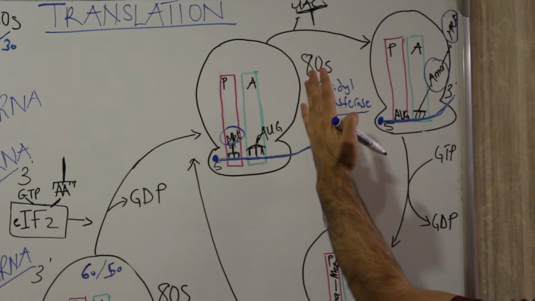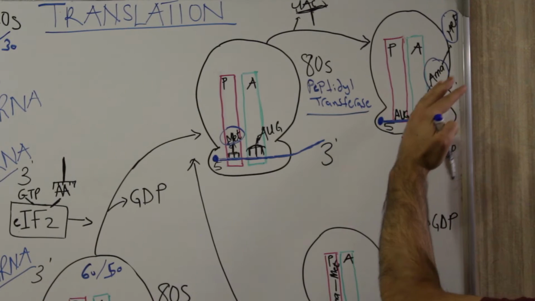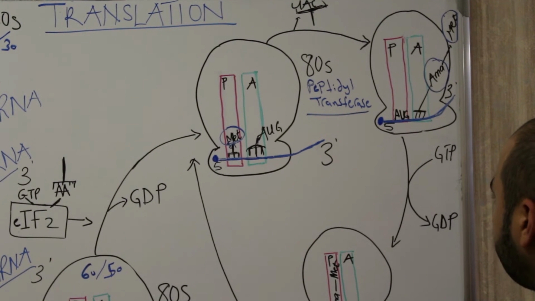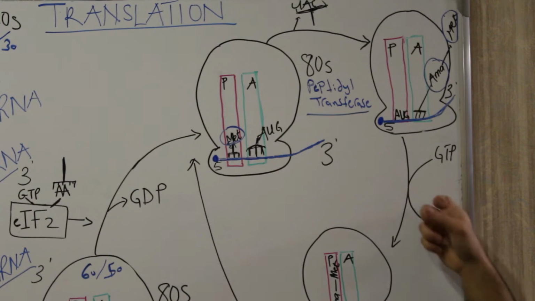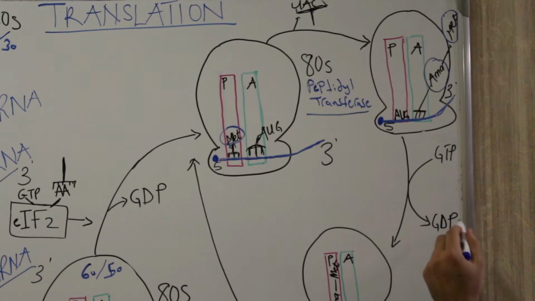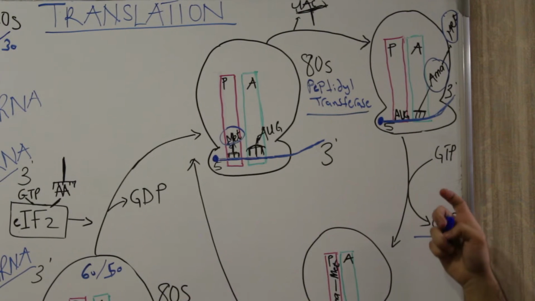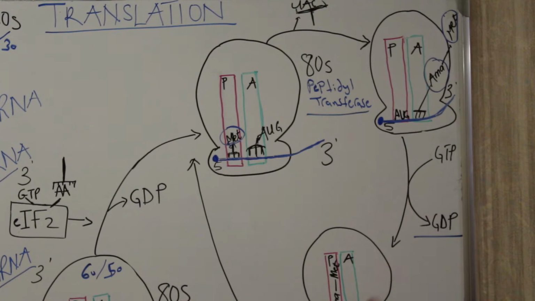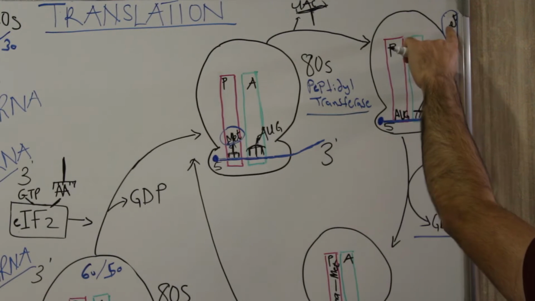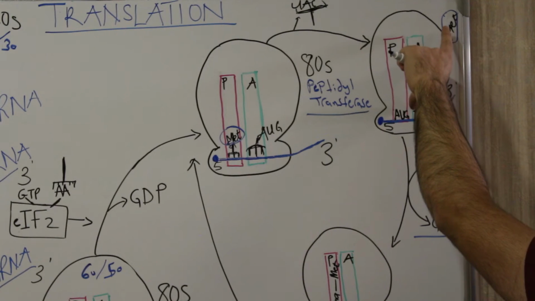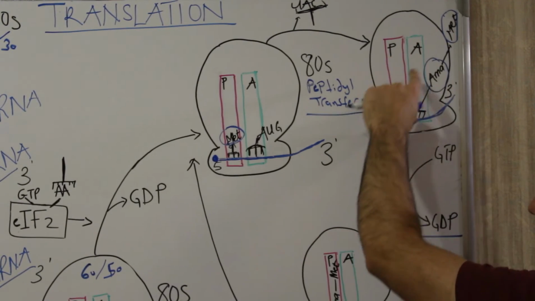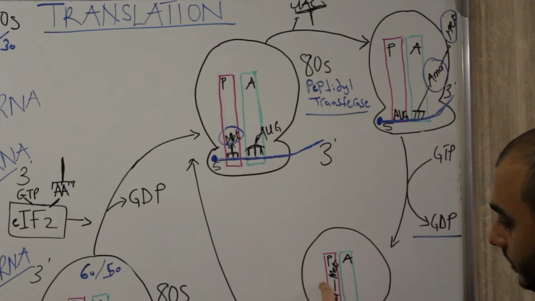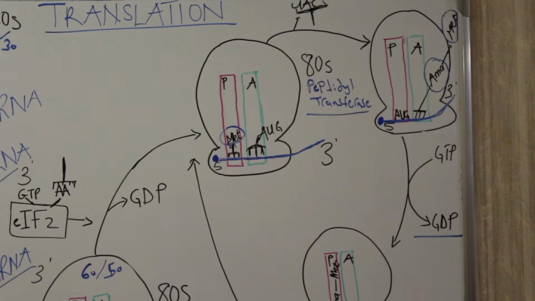So we need to move this toward the 3 end. And this is done by hydrolysis of a new high energy bond from GTP, resulting in shifting of the tRNA with 2 amino acids to this place, from A. Here is the new shape, yes?